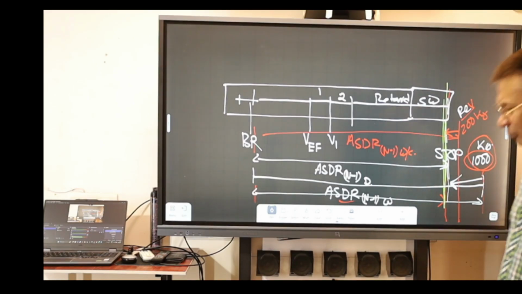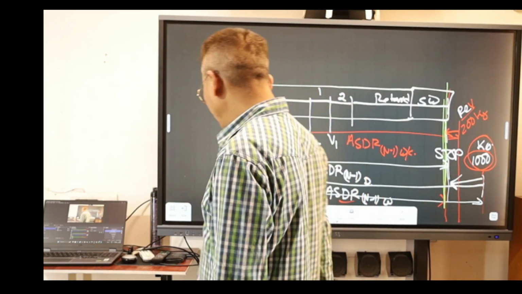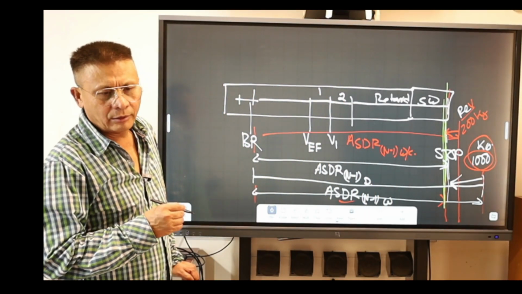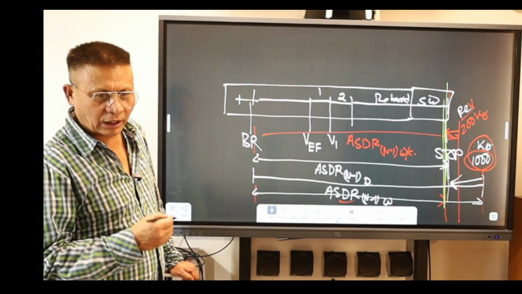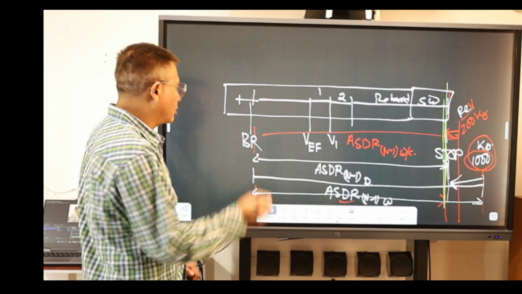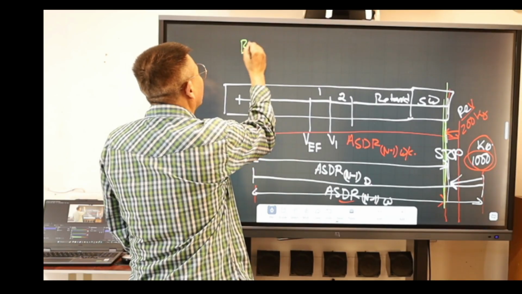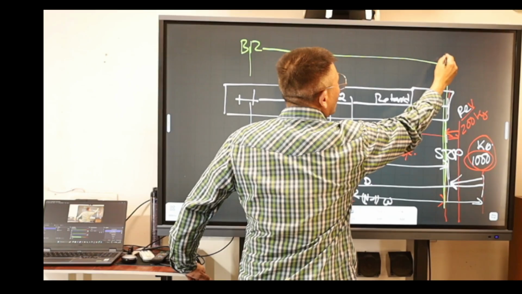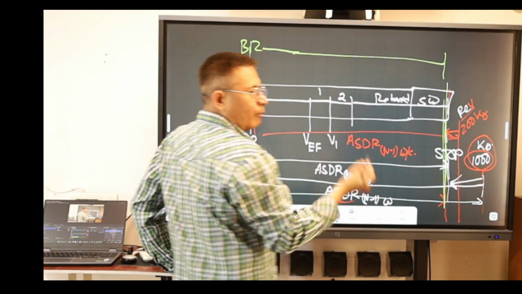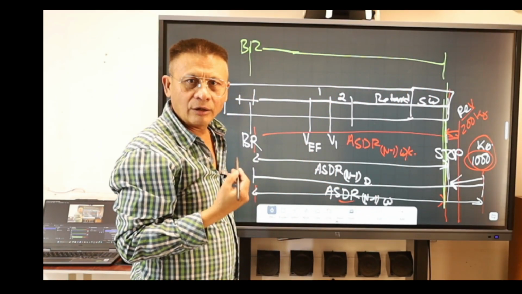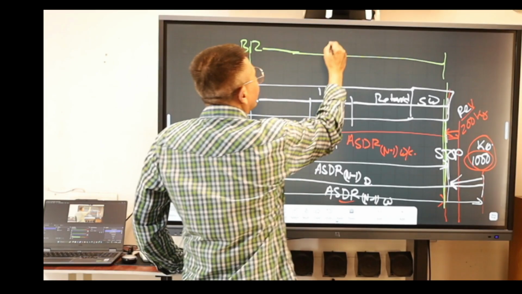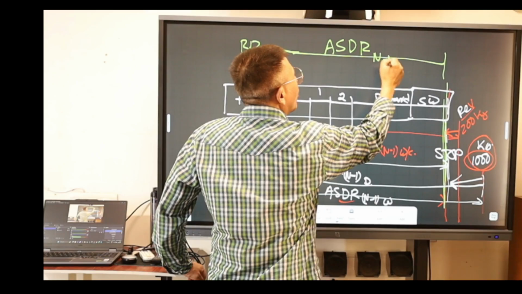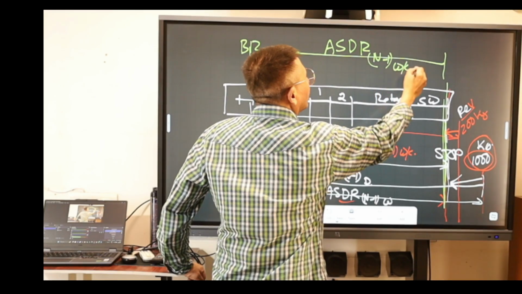So now if we have to define the acceleration stop distance required on a wet or contaminated runway, it is that distance from the brake release till the time the aircraft comes to a complete stop by using the credit for the reversers. So this is the final ASDR N-1 on a wet or contaminated runway.